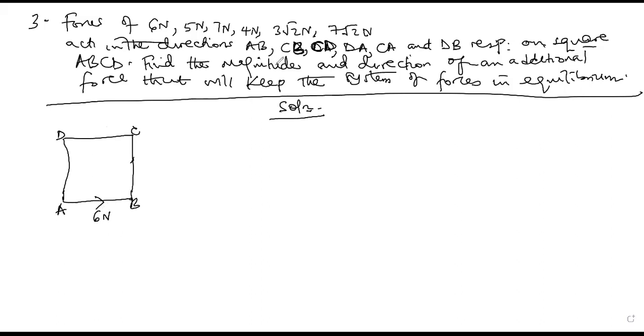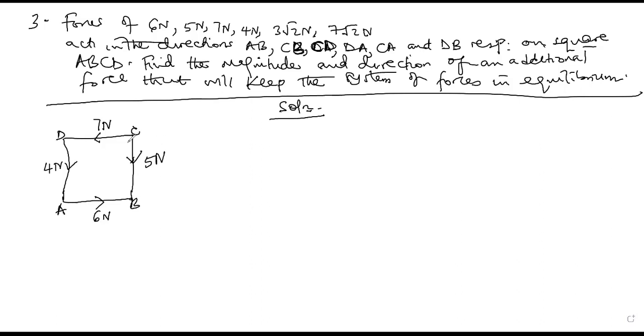Then they have said CB. When they say CB, you move downward from C to B. That is 5 newton. CD, that is 7 newton. DA, that is 4 newton.